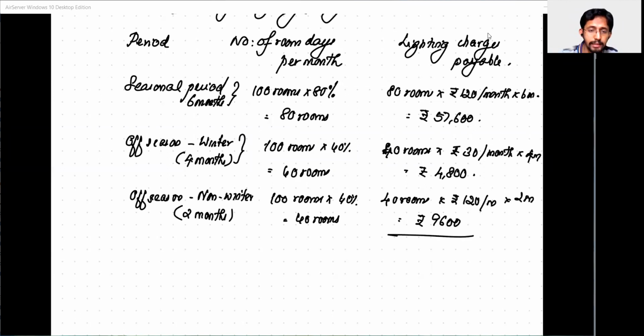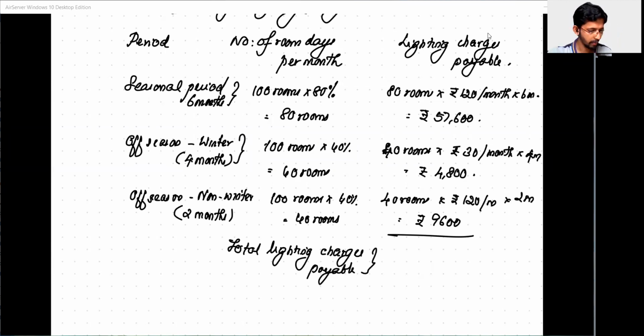So total lighting charges payable is 57,600 plus 4,800 plus 9,600 rupees, 72,000 is the total amount.